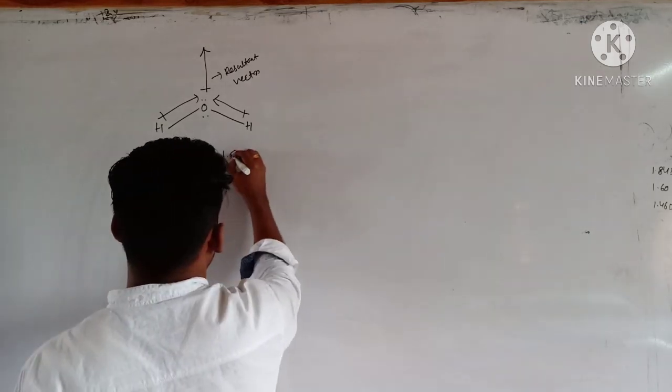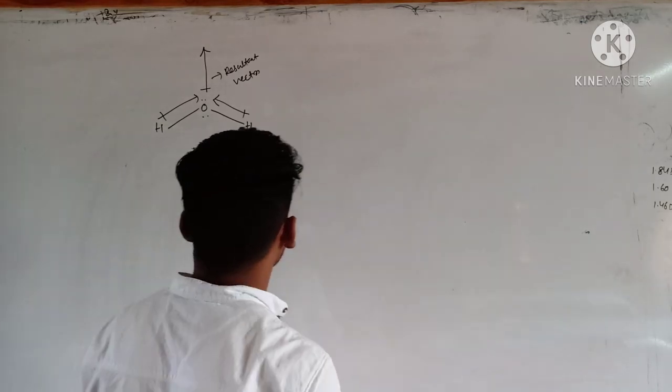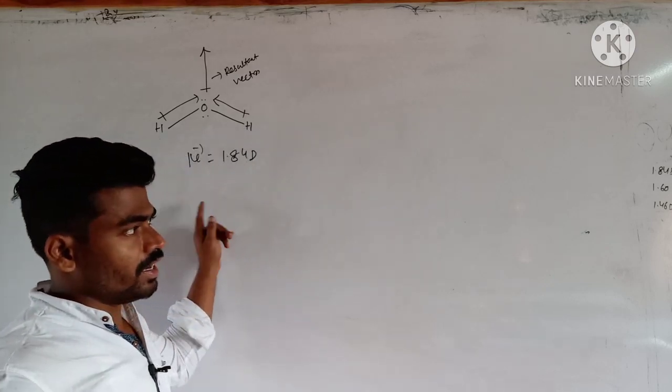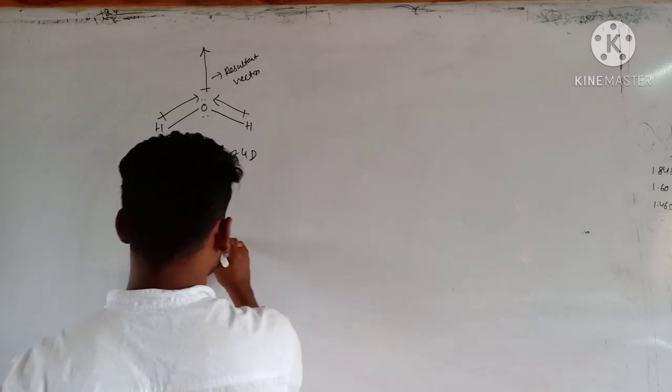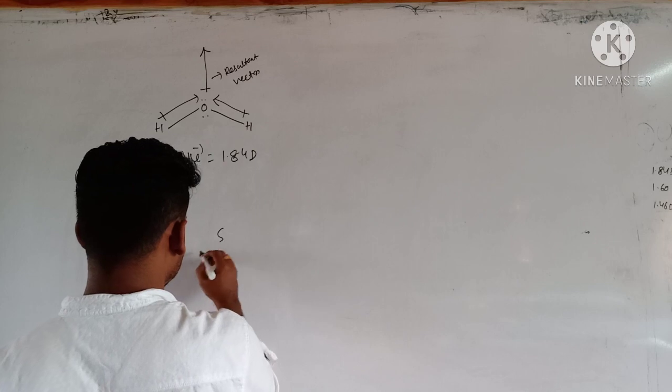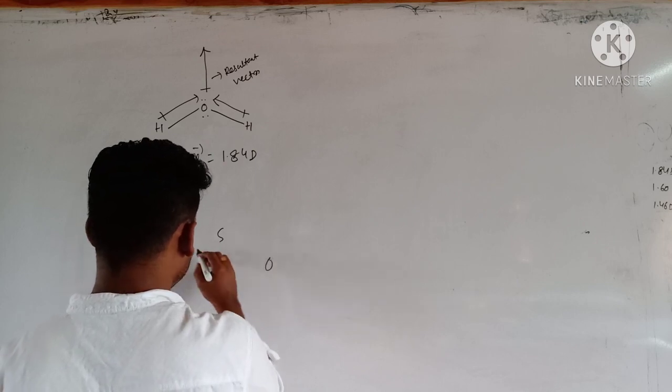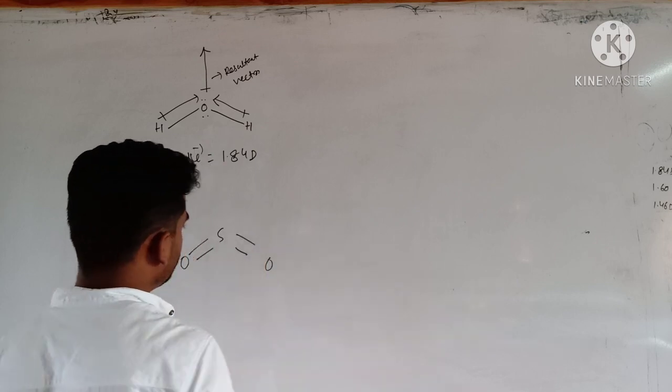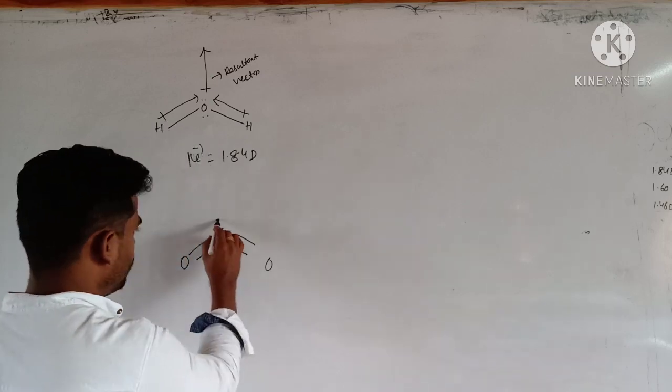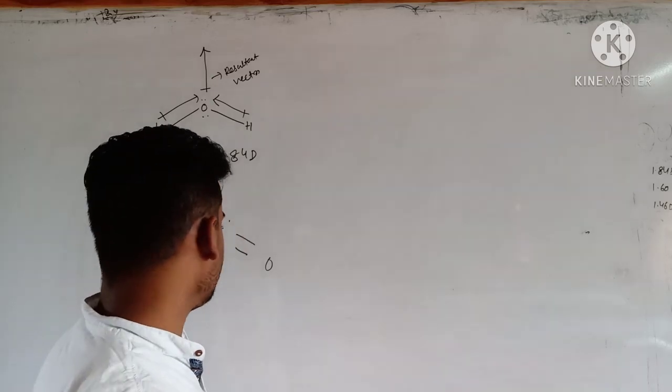In case of water it is 1.84 D. Next, if I consider another molecule, sulphur dioxide, what is its structure? It also has a bent shape structure, having one non-bonding pair of electrons over here.